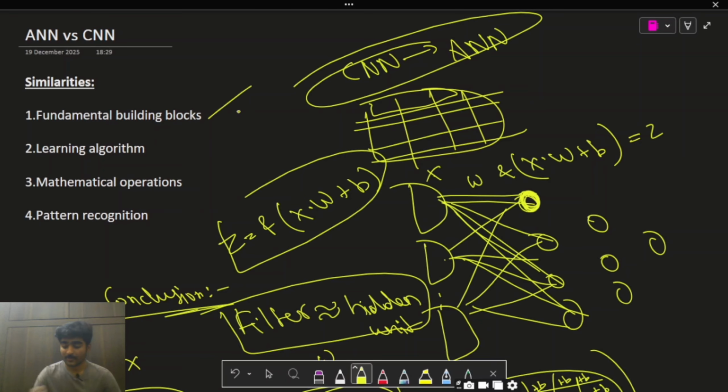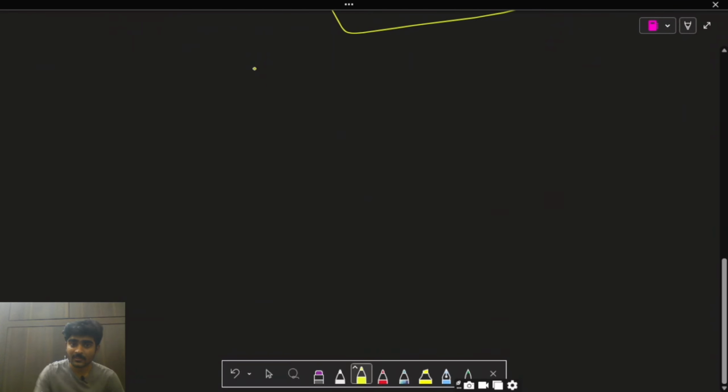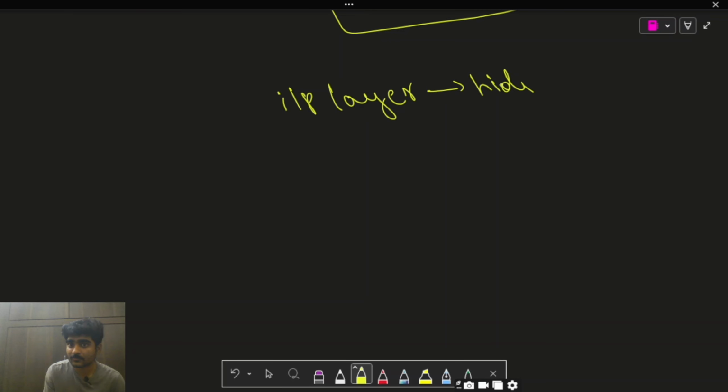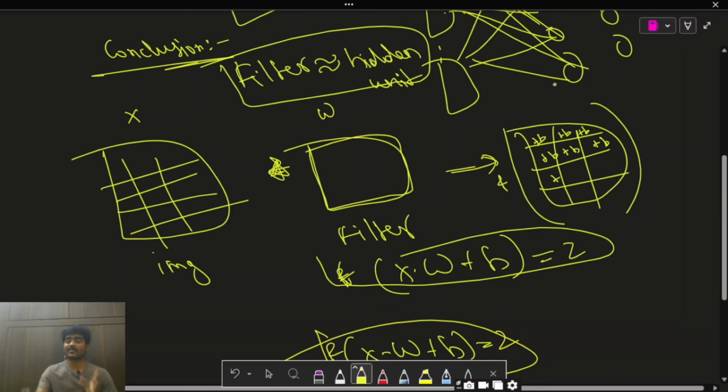Fundamental building blocks. In an artificial neural network we have an input layer, followed by a hidden layer, and then followed by an output layer. In the hidden layer we have various hidden units.